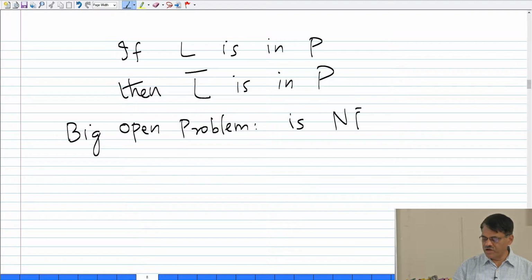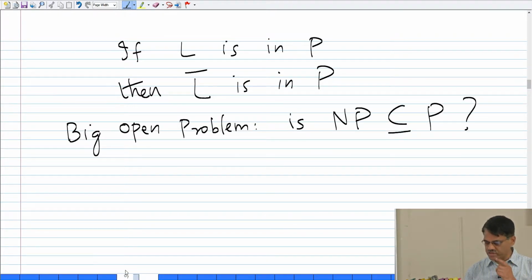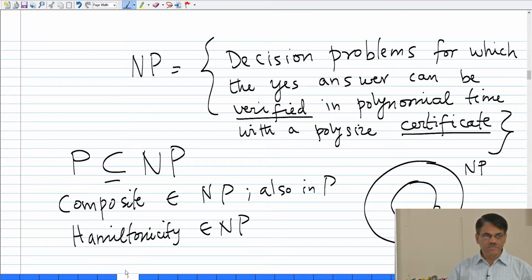Is NP contained in P? Look at this picture. Every problem in P is in NP. Roughly the way to think about it is P is all problems which you can solve in polynomial time, and NP is the set of all problems which you can verify in polynomial time, right. So, P is basically a student's job and NP is a teacher's job, right.